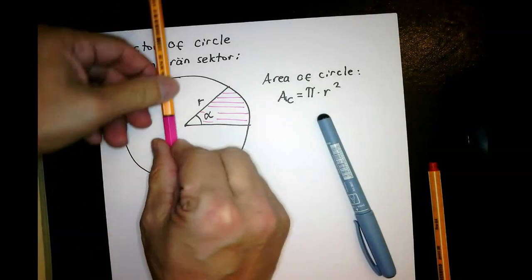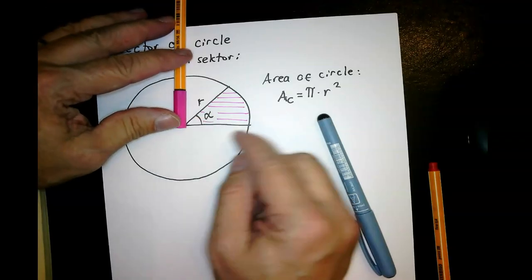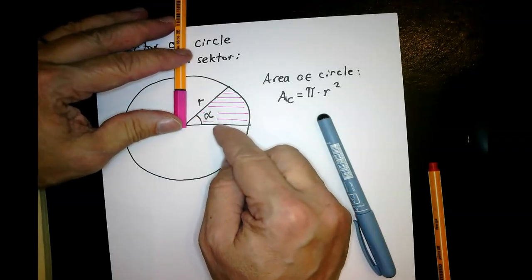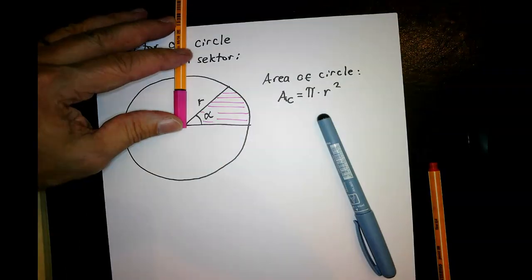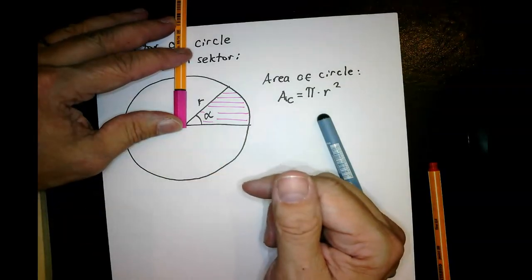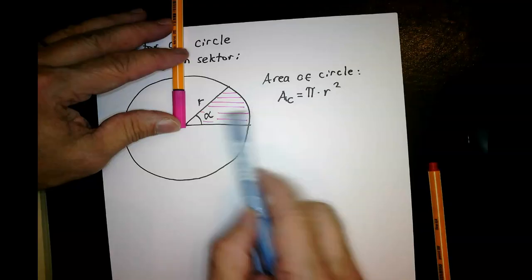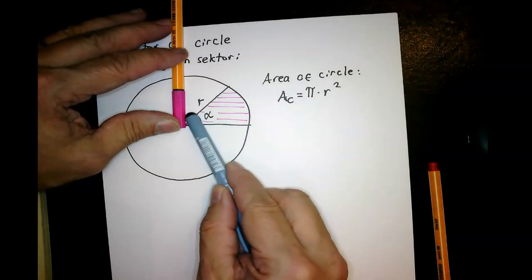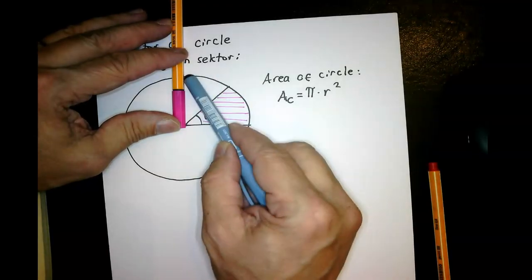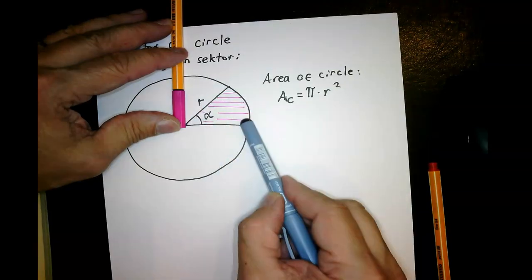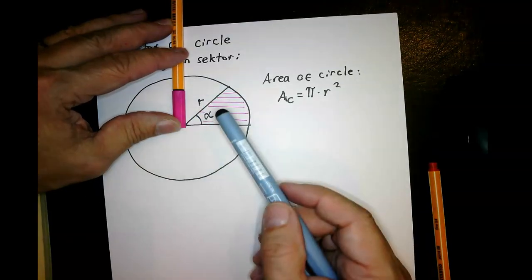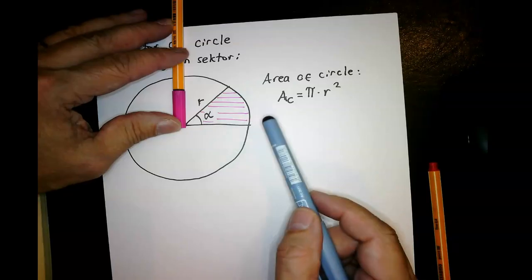If the sector is one fourth of the circle, so here would be 90 degrees angle. So this would be 1/4 or the quarter of the circle area.